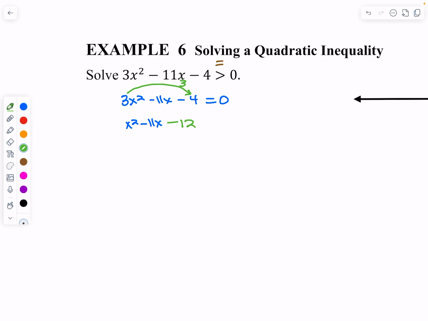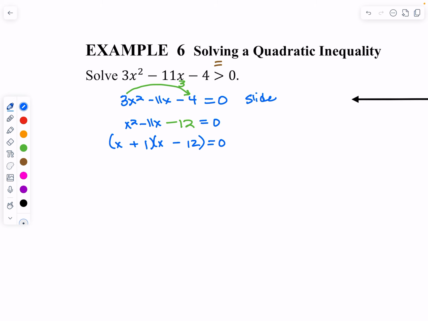So I can actually factor that out. So that would factor into what? 1 and 12 gives me 12 and subtracts to give me 11. So this one's going to be negative. The 12's negative. The 1's positive. I'm not done yet, right? Because it's called slide and divide. Slide and divide. And divide is the part that people forget to do.